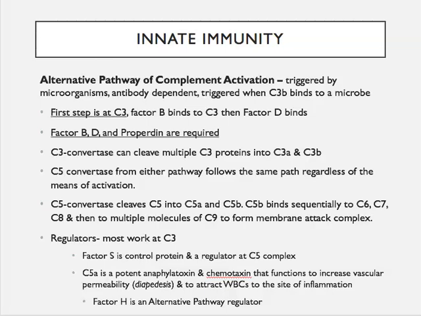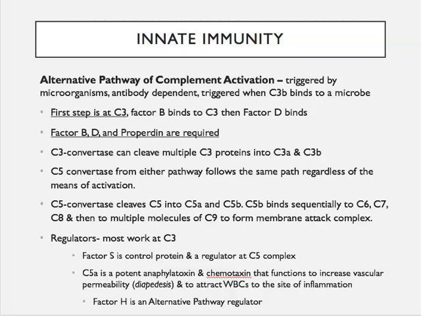Then you've got C5 convertase, which from either pathway follows the same path regardless of how it's activated. C5 convertase cleaves or breaks apart C5 into C5a and C5b. C5b binds sequentially to C6, C7, C8, and then to multiple molecules of C9 to form a membrane attack complex.